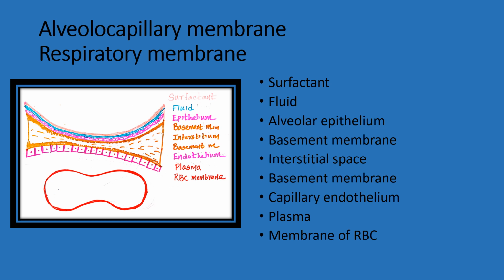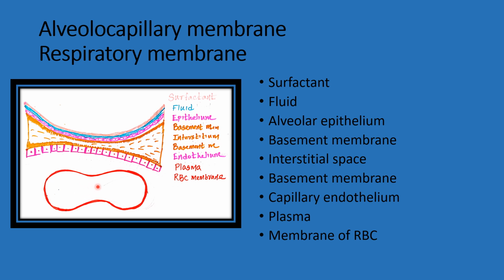The alveolo-capillary membrane, or respiratory membrane, has an inner surfactant layer. It covers the thin fluid layer and alveolar epithelium. It is supported by the basement membrane of the alveolar epithelium, a thin interstitial space, the basement membrane of the capillary endothelium, the endothelium layer, and the plasma and RBC membrane.